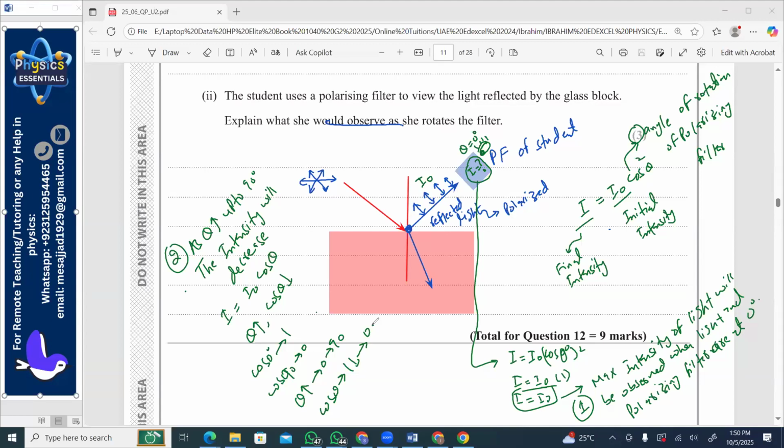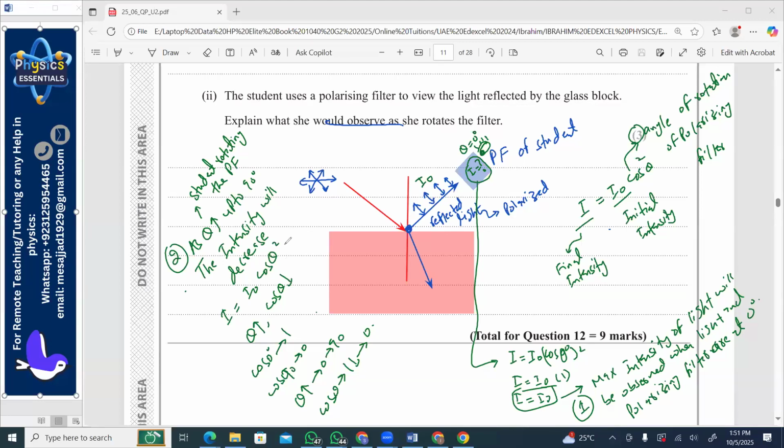The second point is that as the student rotates the polarizing filter PF, theta increases, and the intensity will decrease because I equals I naught cos theta squared.